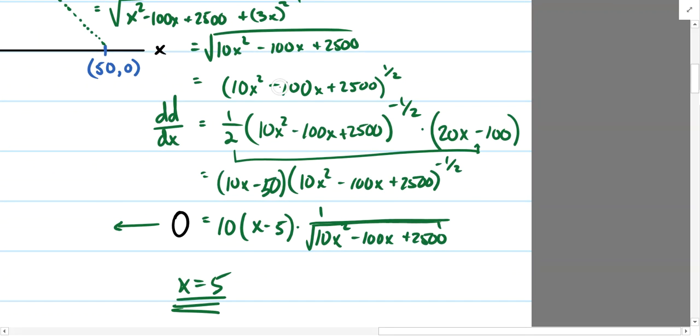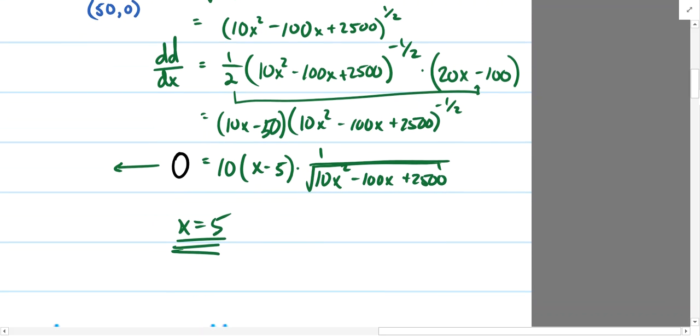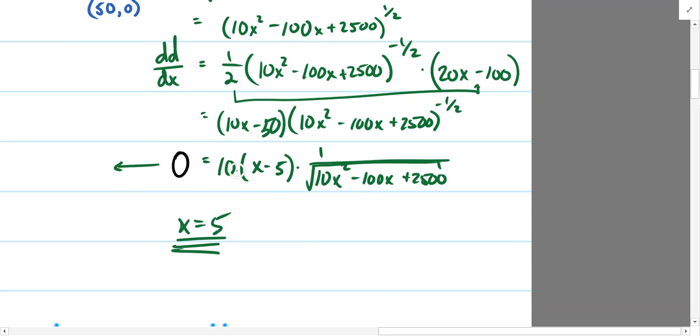In using the chain rule, where we bring down the exponent, leave the inner function alone, reduce the exponent by 1, then multiply by the derivative of the interior, we end up getting this first derivative computation here, and ultimately rewritten this way.